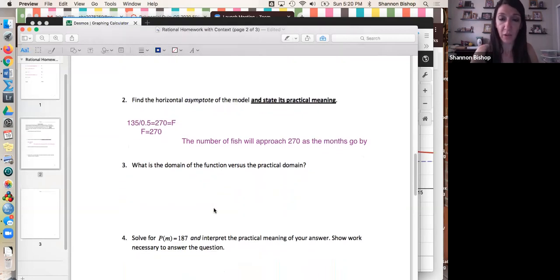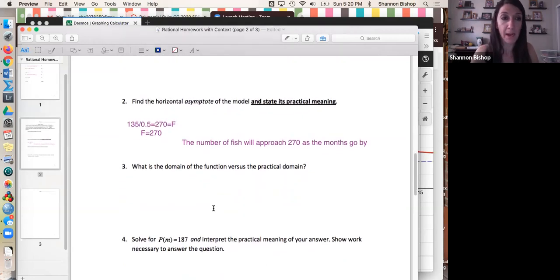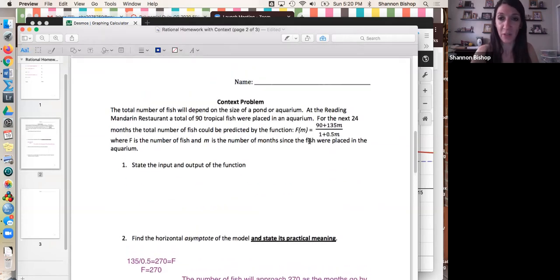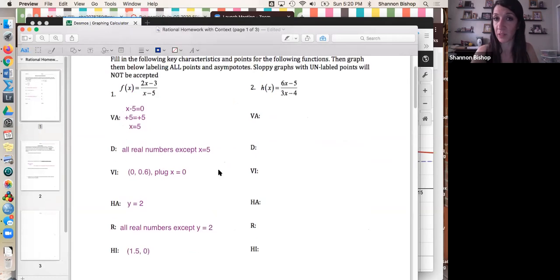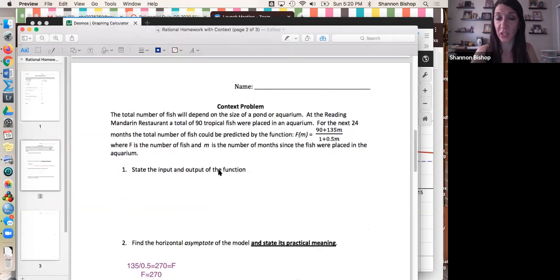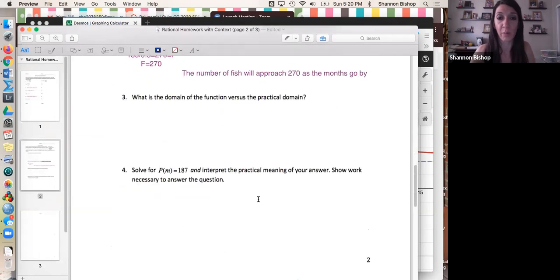The domain versus the practical domain, I am going to let you think about that one on your own. Think about the domain of a rational function, something you had to do up here as well. But also keep in mind, this is absolutely a word problem, so read it very carefully, because there's a clue in the paragraph that tells you where the practical domain should be.